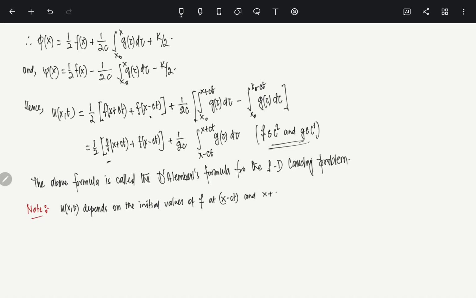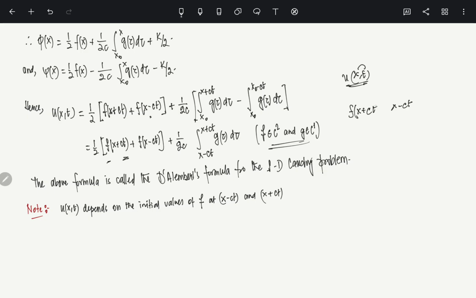See, c is given to us. Now I want to find out what happens to u at the point x, t. So the first part is f of x plus ct plus f of x minus ct. If x and t are given to us, we know what x plus ct is, and we know what x minus ct is.